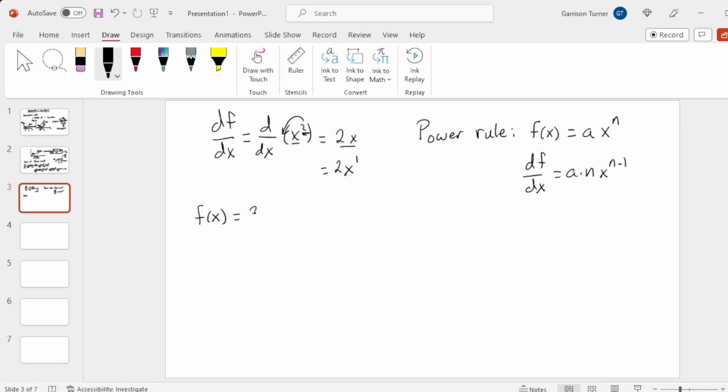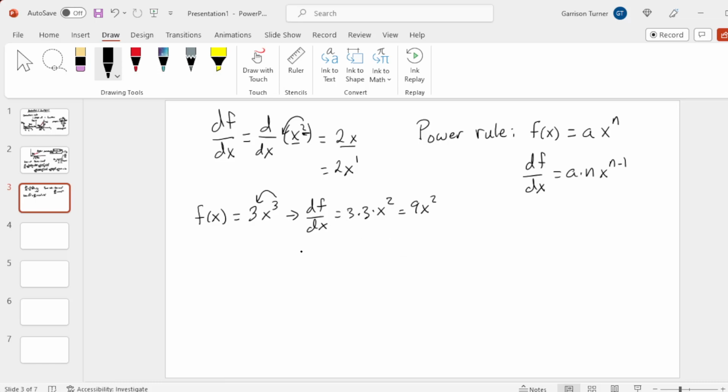Let's say I have 3x cubed. The derivative of this, bring your power down. So that's going to be 3 times 3 times x to the 3 minus 1, or x squared. So this is the same thing as 9 times x squared.